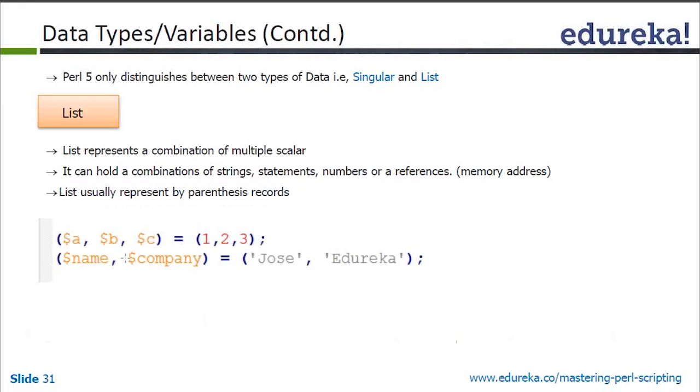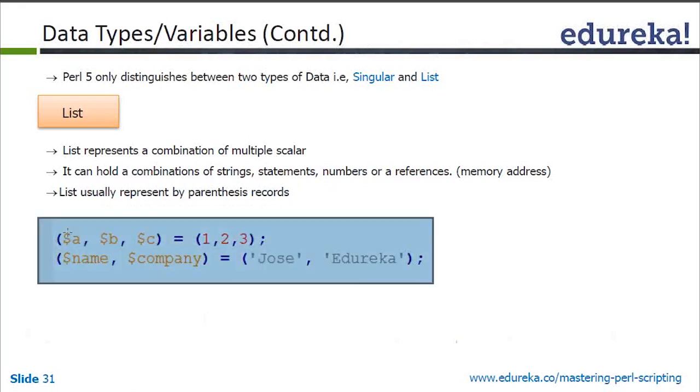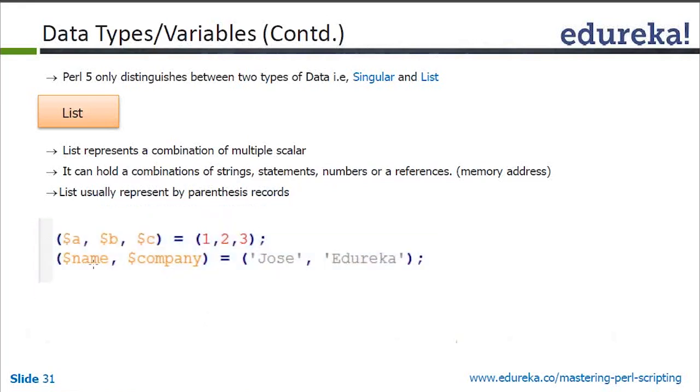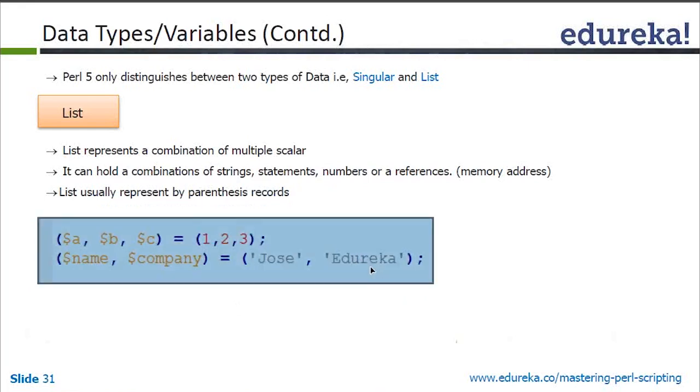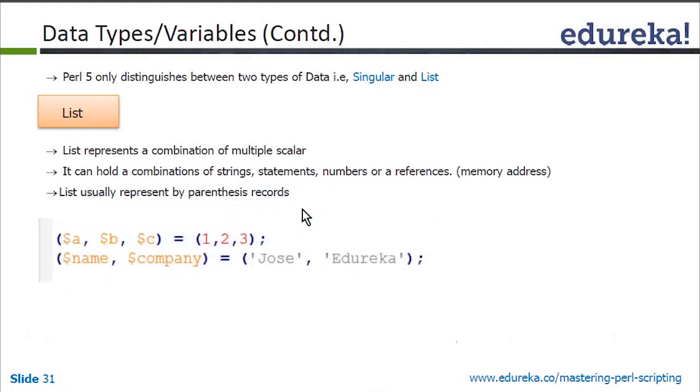How array indexes are mapped is, you have three elements in the array, like $A, $B, $C, and you will have the values 1, 2, 3, and you can have $name, $company, with the values Juice and Edureka. So each element is mapping to some element value. That's how a list works. We'll go into detail about arrays and hashes later.